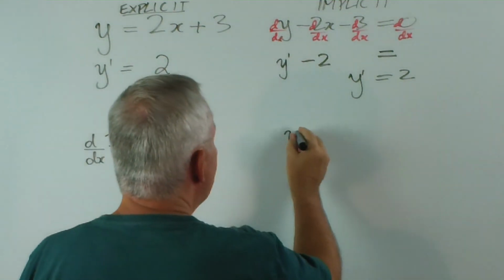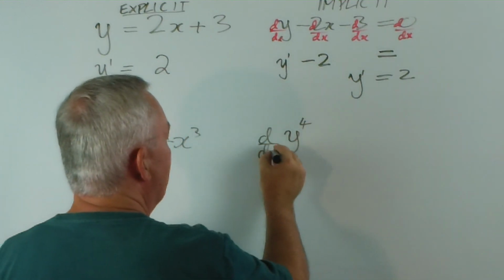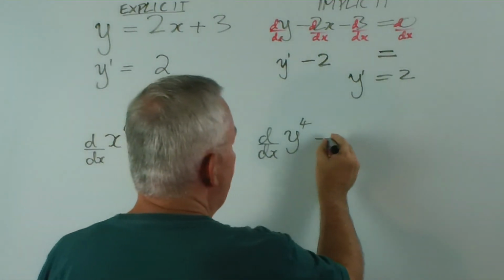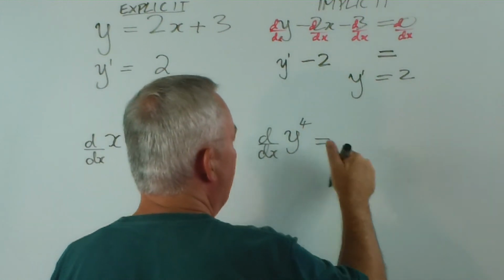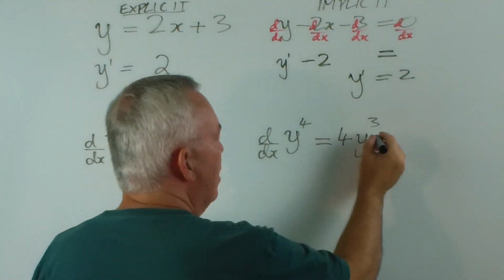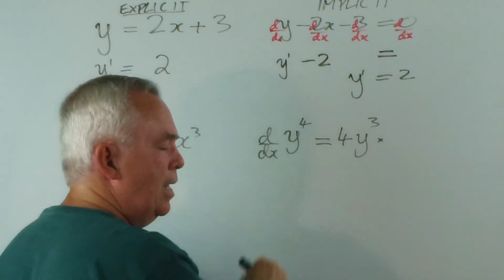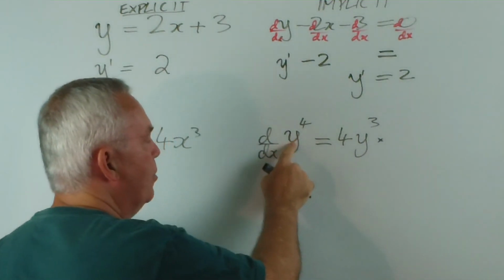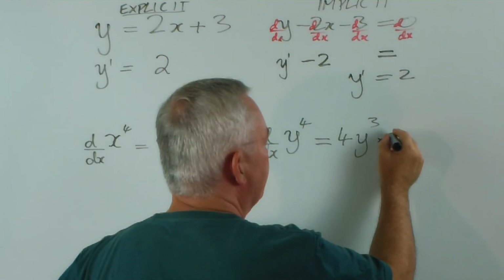However, if I had something like y to the power 4, and I took the derivative with respect to x, not y, I would get this. First I would take the derivative of the power, and I would get this. And then, being the chain rule, I would then take the derivative of this expression inside the power, which is y, and I'd take the derivative of that with respect to x, which is dy/dx.